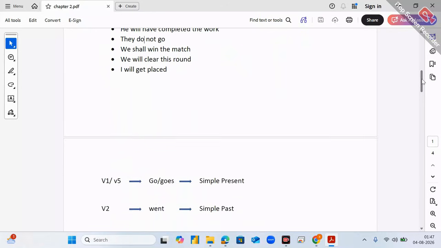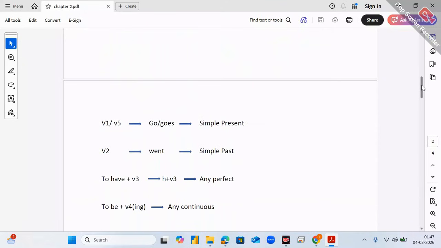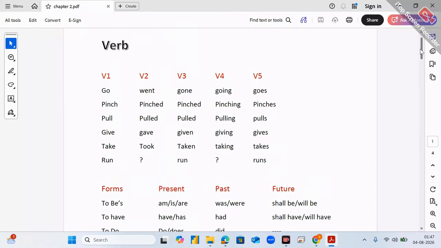So let's move forward. Now we are going to see in detail if V1 or V5 is there, right? V1 or V5. Then what is V1 and V5? You need to scroll up and check. V1 is go, V5 is goes, right? Pinch, pinches. Give, gives.